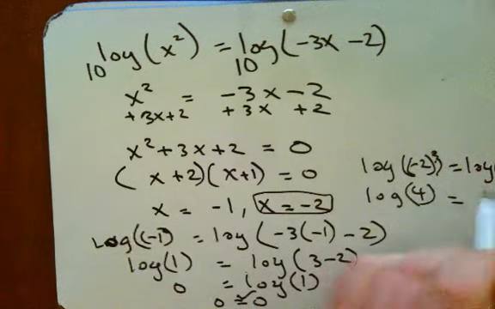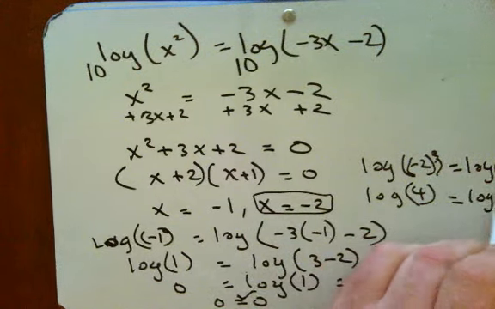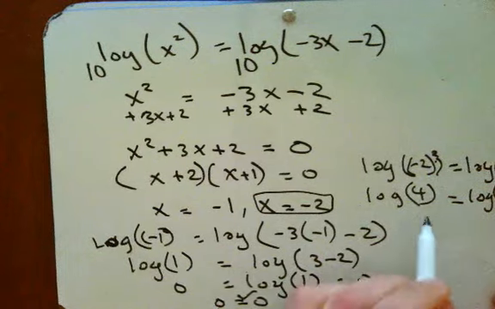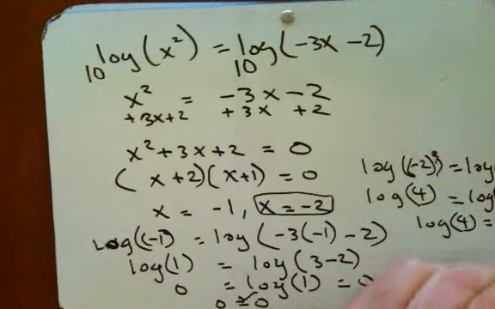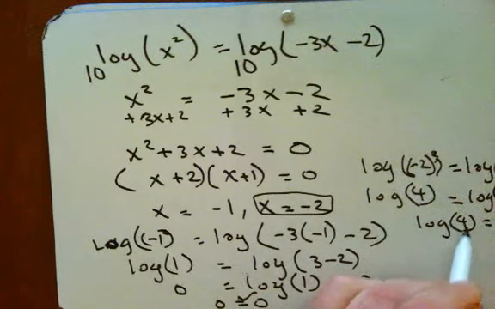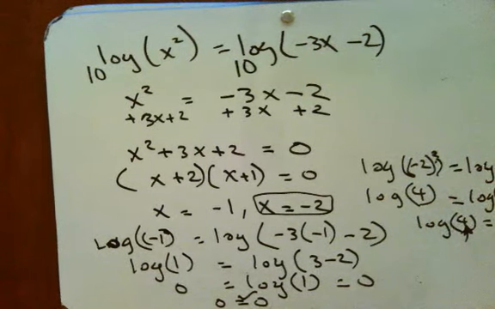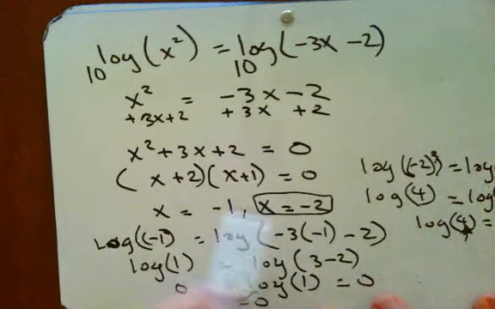And what happens when we plug in x equals negative 2? Well, we're going to have log of negative 2 squared equals log of negative 3 times negative 2 minus 2.